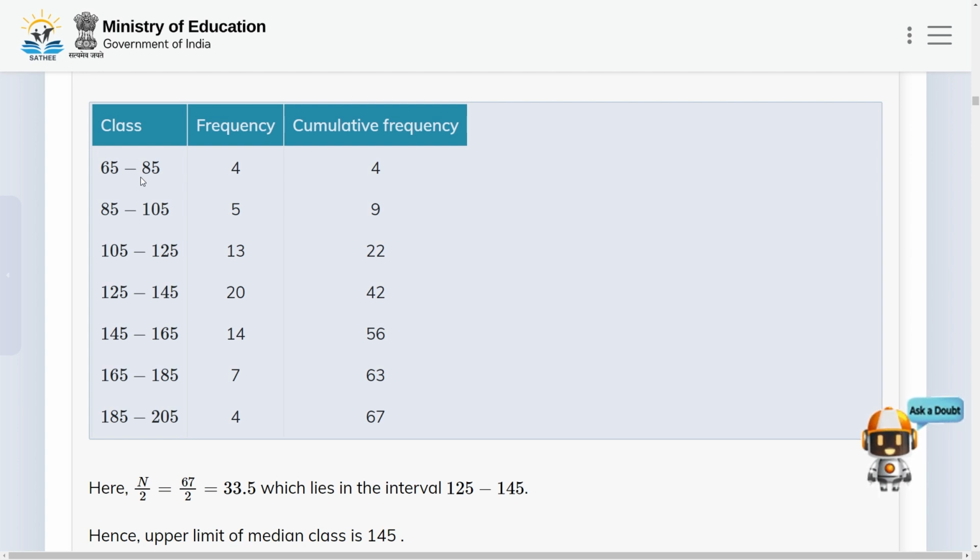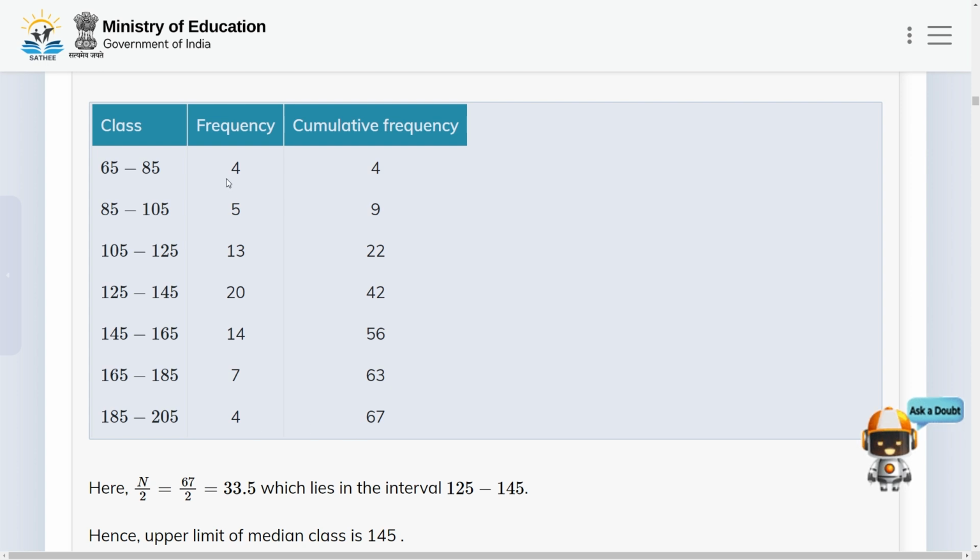For 105 to 125, frequency is 13 and cumulative frequency is 22. For the next class the frequency is 20 and cumulative frequency is 42. Then frequency 14 and cumulative frequency 56. Then frequency 7 and cumulative frequency 63. And then frequency 4 and cumulative frequency 67.